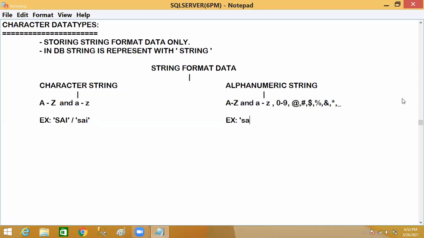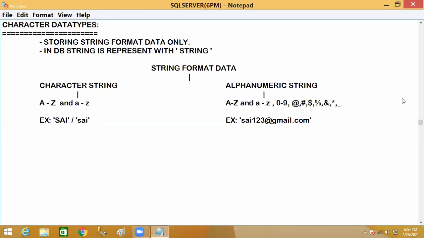For example, suppose I'm using Sai at the rate 123, or else Sai123 at the rate gmail.com, yahoo.com. So these all come under alphanumeric. In this user ID, can you identify, you have alphabets and a number, and a special character also I used here.